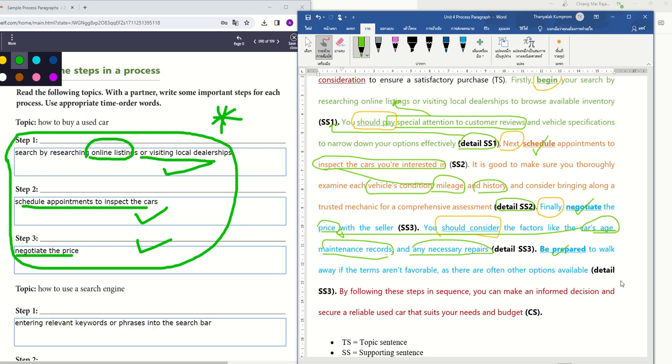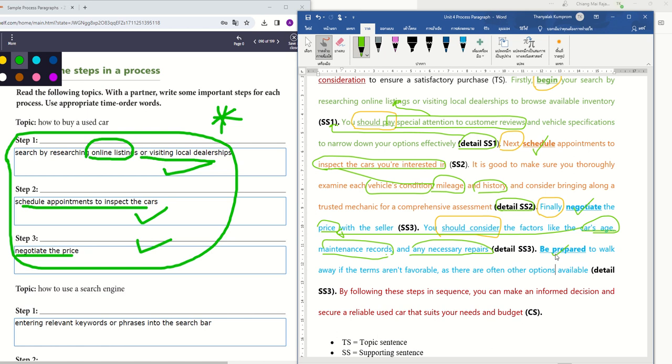One more detailed supporting sentence number 3, which is about price, is you need to be prepared to walk away if the terms are not favorable. I mean, you need to be ready to say no if all conditions do not serve your interest.